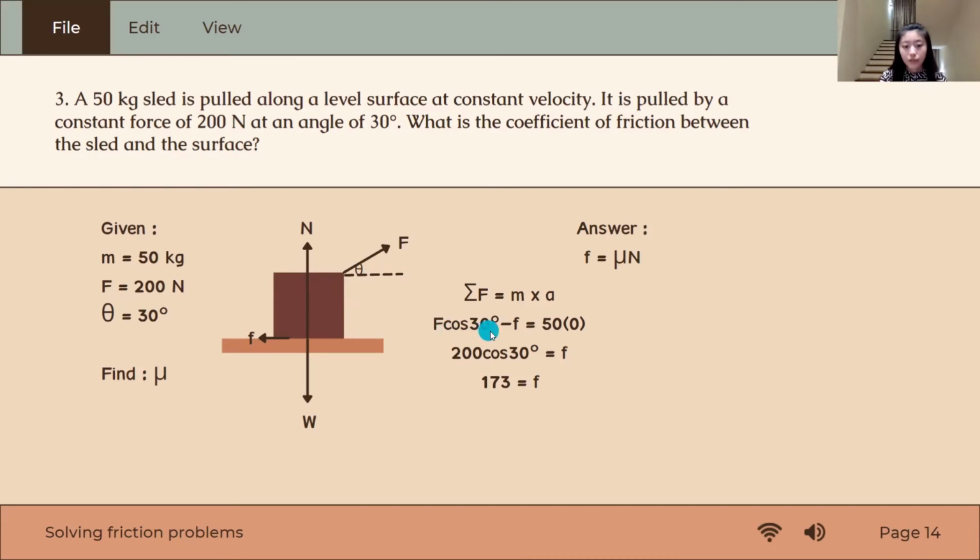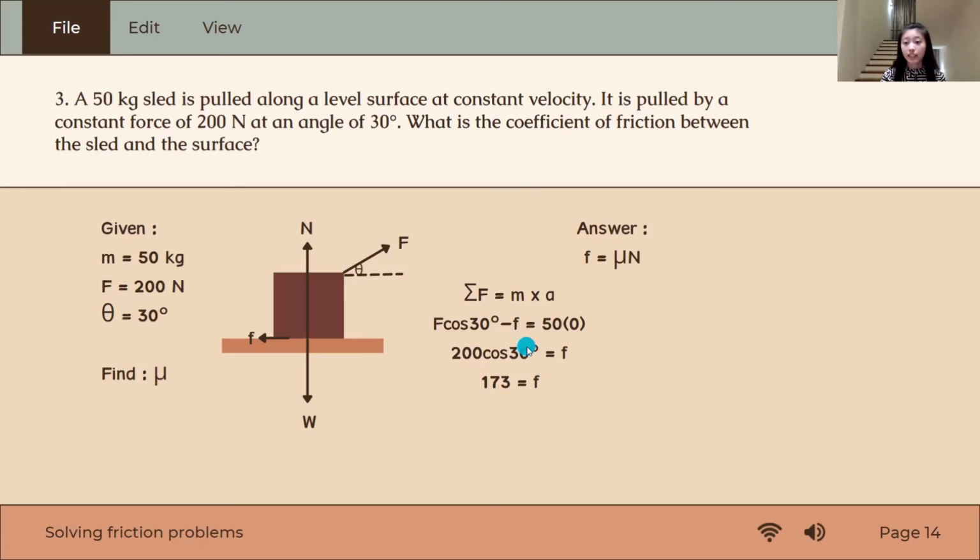F cos 30 degrees minus the frictional force equals the mass 50 times acceleration 0. Why is it 0? It is because in the question, it said that it is pulled at a constant velocity. If the velocity is constant, that means the acceleration is 0.